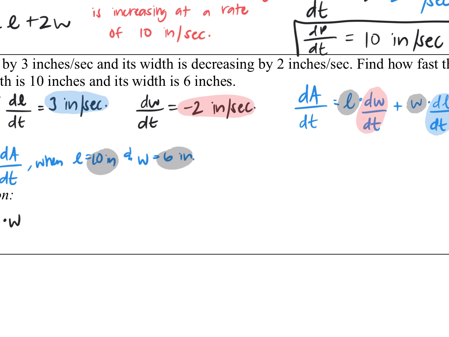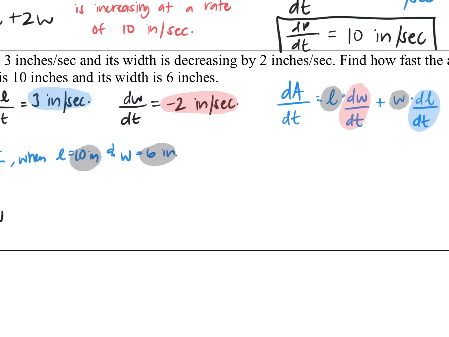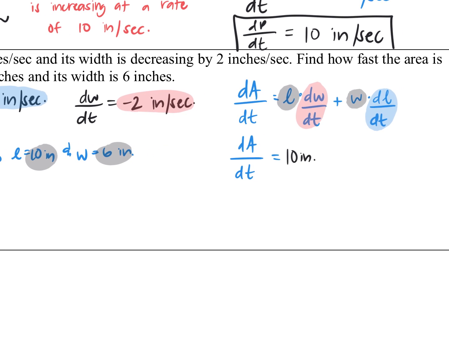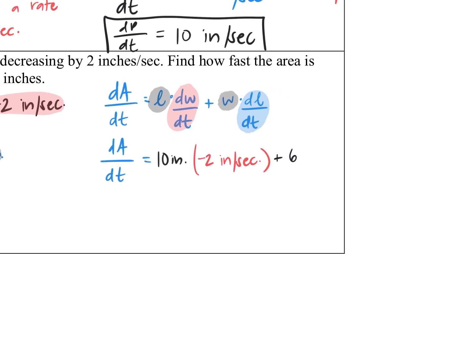So let's plug all that information in. dA/dt is equal to 10 inches, always use those units, times negative 2 inches per second, plus my width, which is 6 inches, times dL/dt, which was 3 inches per second.